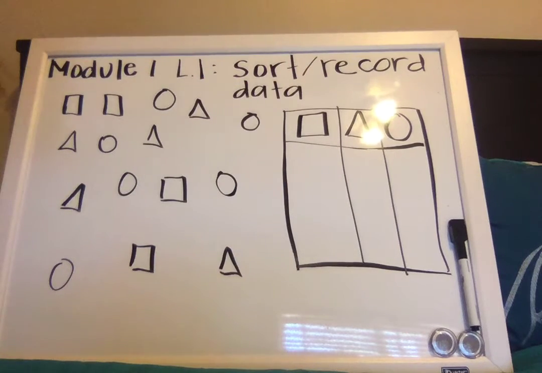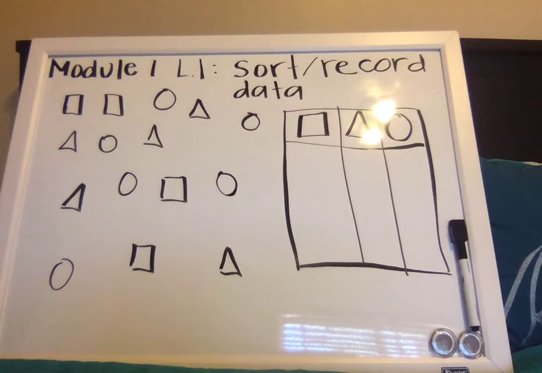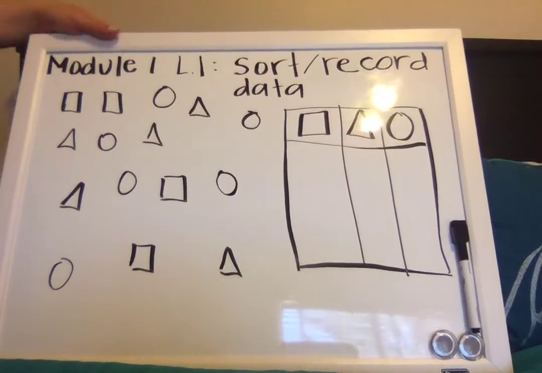And what I like to do is I like to cross off the shape that I've already used. I like to cross it off once I have tallied it here. You can think of different ways of doing it yourself at school that would be easier for you, but this is the way that I'm going to sort them, record them, and put them in my data table, okay?